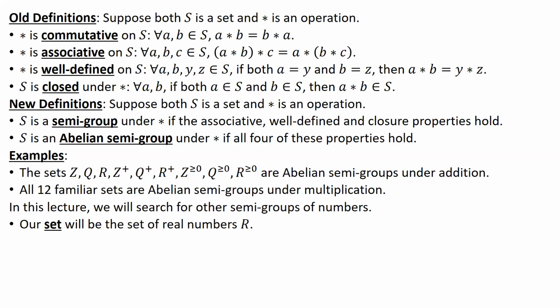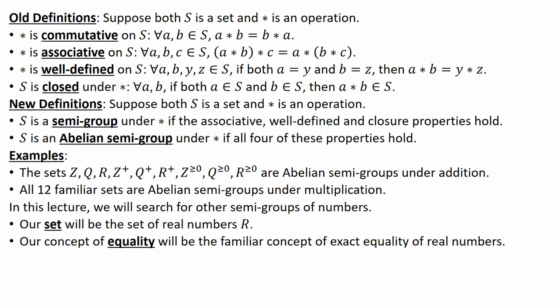Our set will just be the set of real numbers. That's familiar. Our concept of equality will be the familiar concept of exact equality. 1/2 does equal 0.5. 1/3 does not equal 0.33. Pi does not equal 3.14. Equality has to be exact.